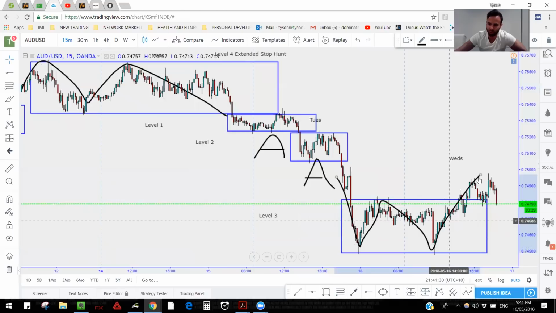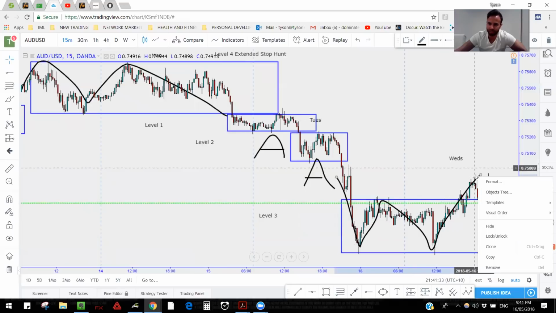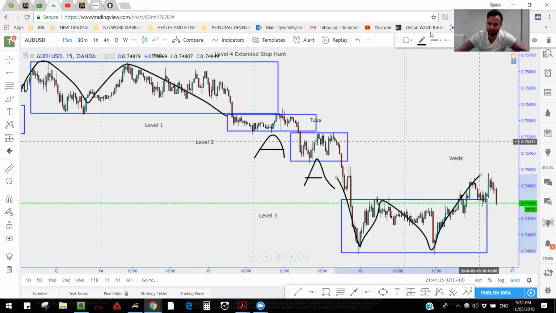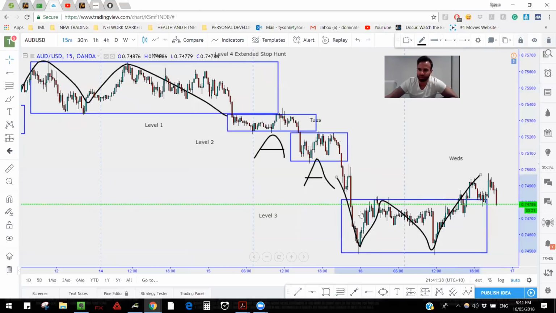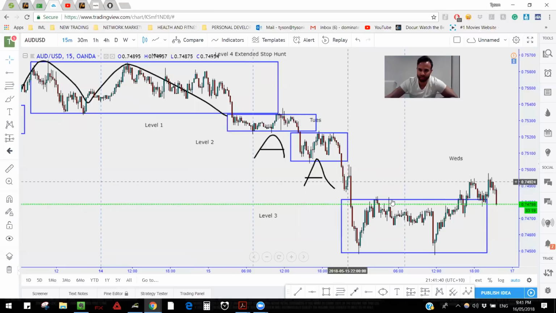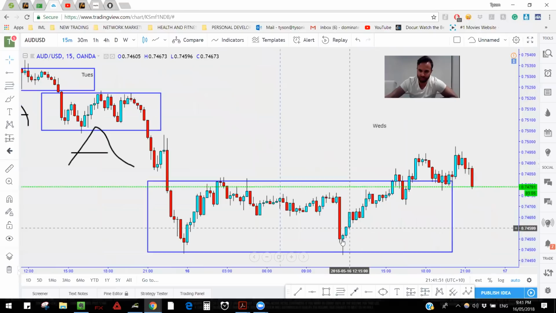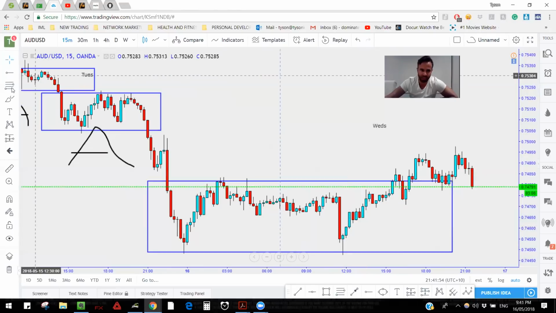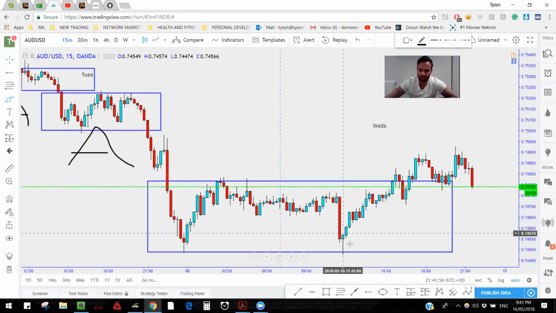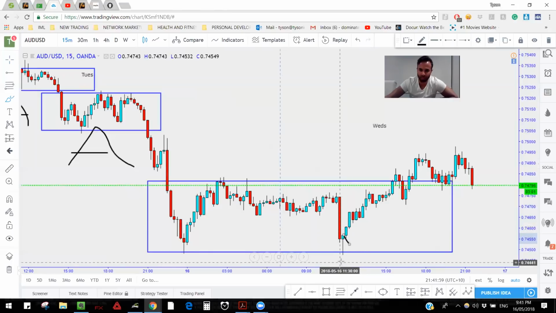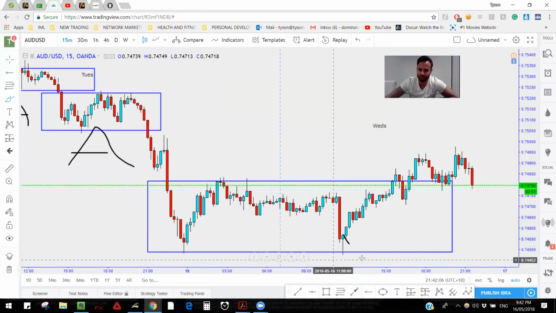Now, what I look for in an entry: once I see this formation happening, once I see that multi-day, so X to A to B, B to C, once I see the B to C leg, I'm looking for pins to the low. So this perfect candle right here, once this candle finishes, I enter right here and I place my stops because I know it's a very high probable scenario, anywhere between 90 and 95% correct.